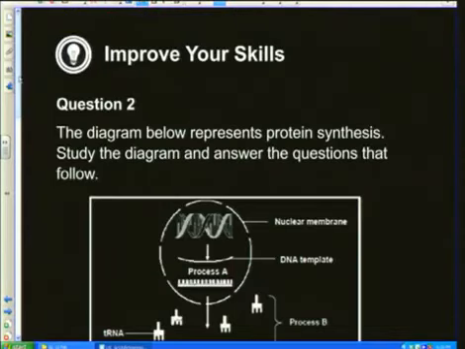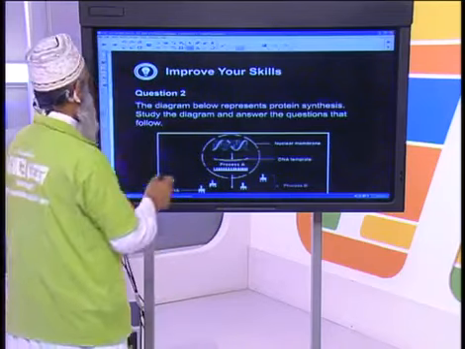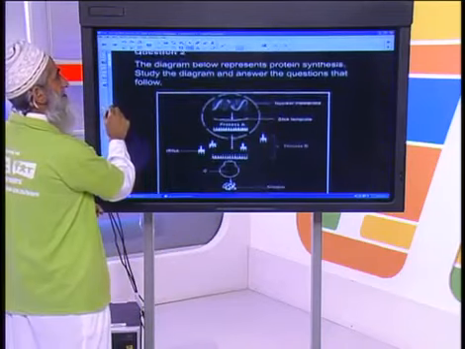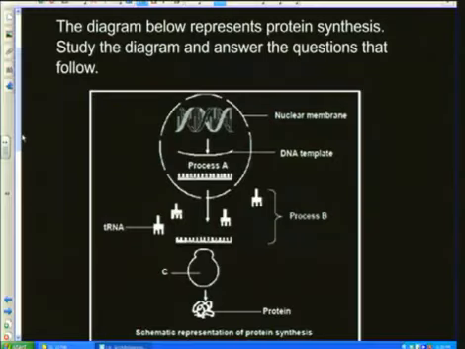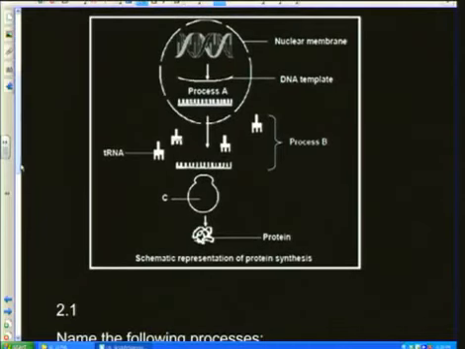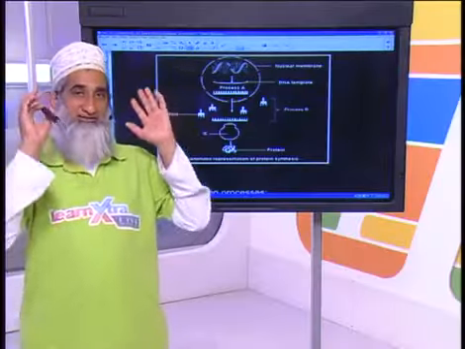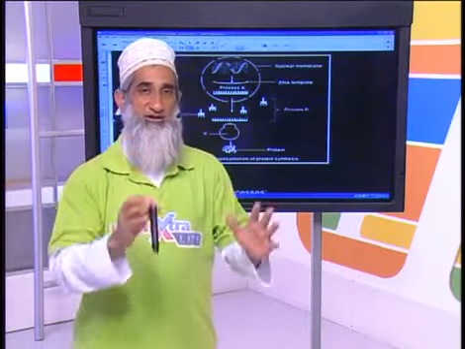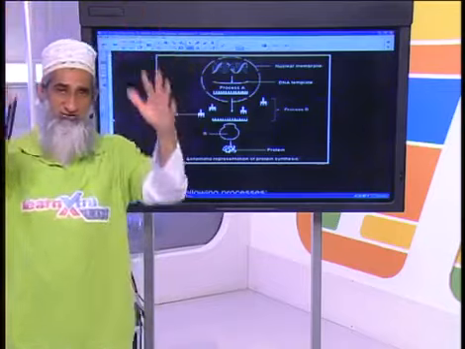The other way that they will ask you about DNA and RNA and protein synthesis is, obviously, the diagram below represents protein synthesis. Study the diagram and answer the questions that follow. So they're giving you a diagram showing you the whole of protein synthesis. And again, what I told you last week: a diagram is easier to learn from than chunks of text.